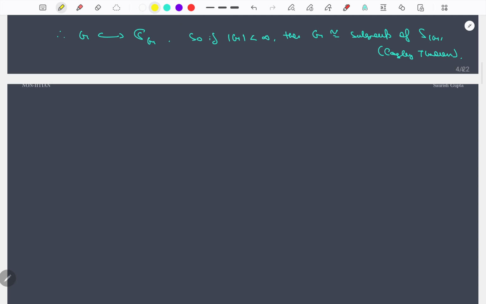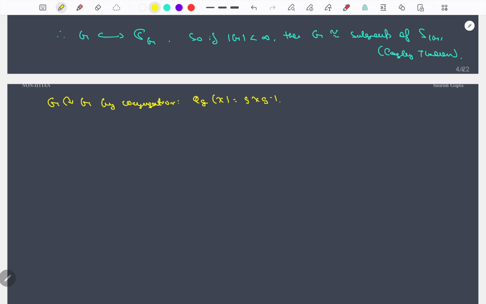One more very important example of a group action is G acting on itself by conjugation, and that is in some sense given as phi of G on X is given as G X G inverse, right?